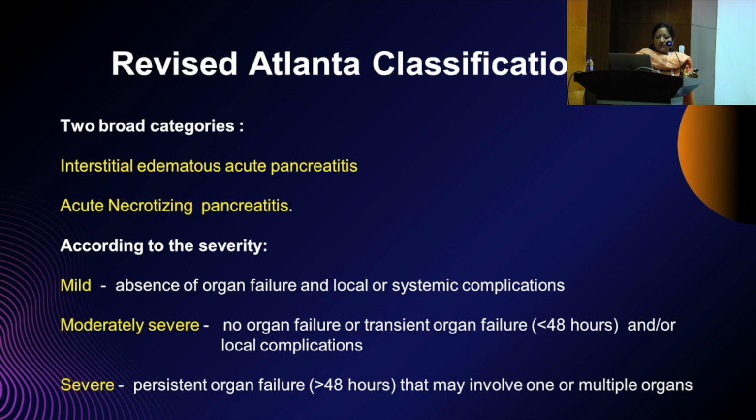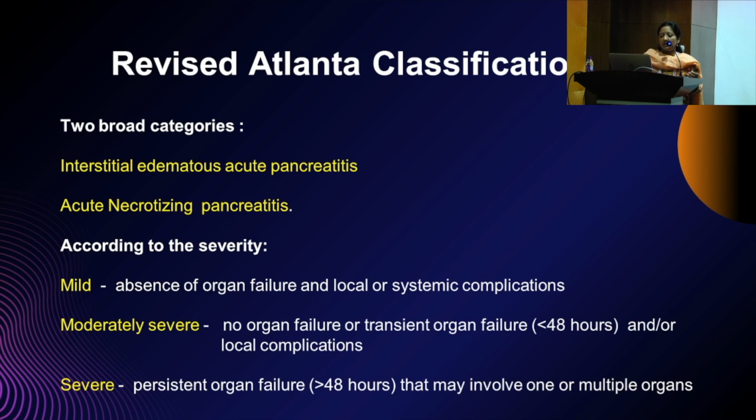According to severity, it can be mild, moderately severe, or severe. Patients who have mild disease will generally have symptoms and will not have any major organ failures. Moderately severe patients will have organ failures, but they will usually be transient, up to 48 hours. Patients who have persistent organ failure, which runs for more than 48 hours, will fall into the severe category.